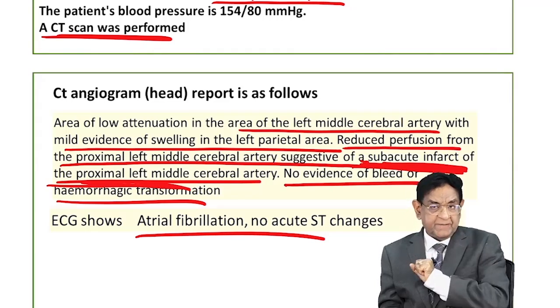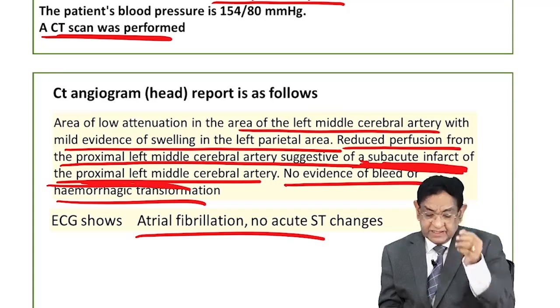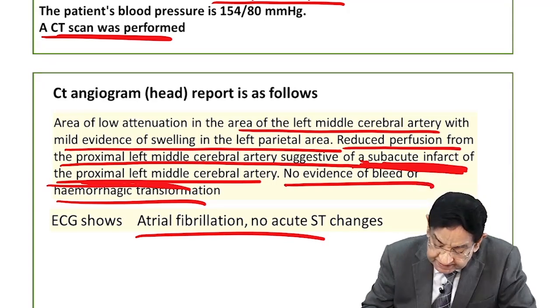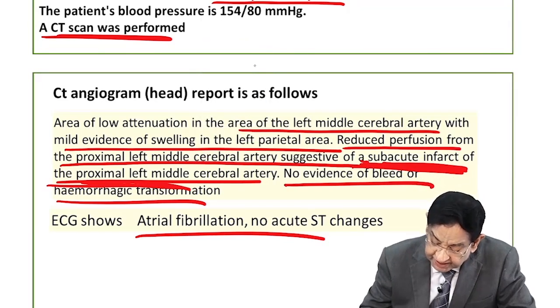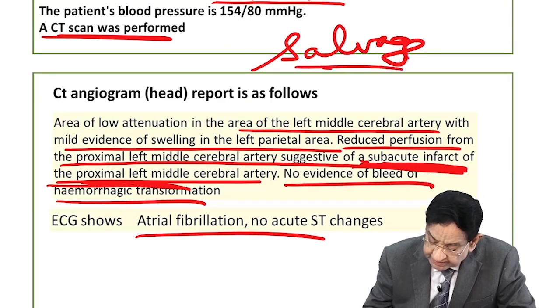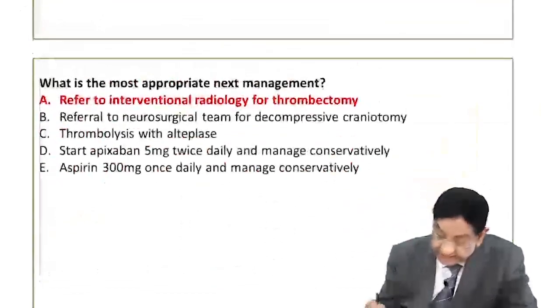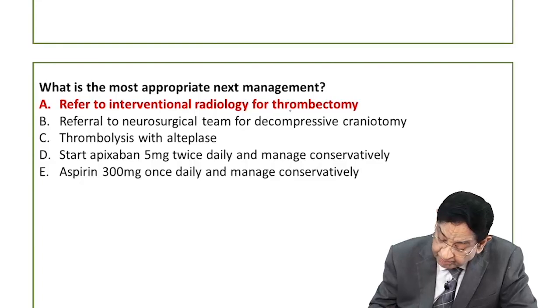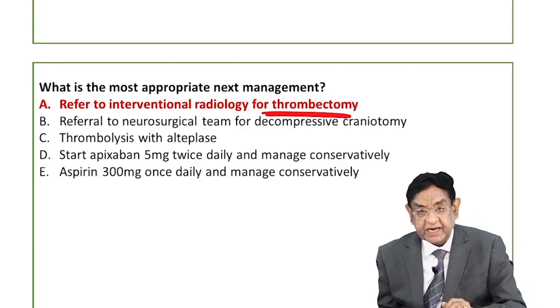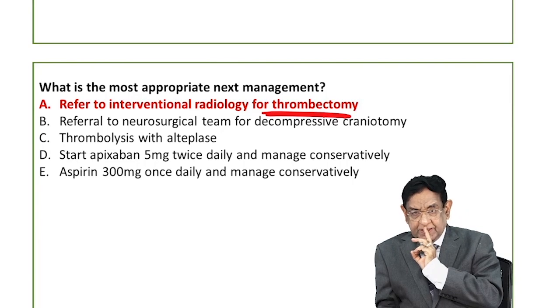What he wants to convey is that we have certain areas which we can salvage. With no hemorrhage, this is an ideal candidate for thrombectomy by the interventional radiologist. The point I told you, we can go up to 24 hours, right?